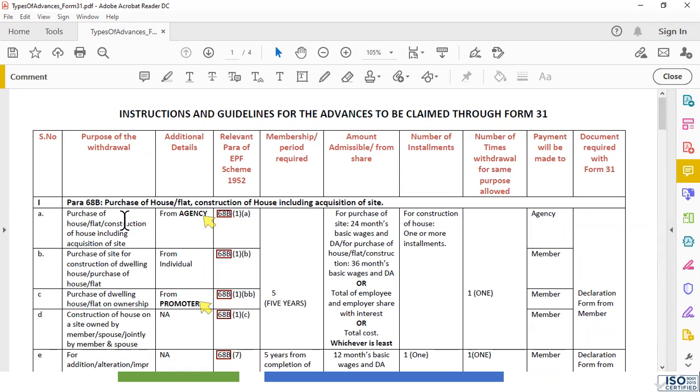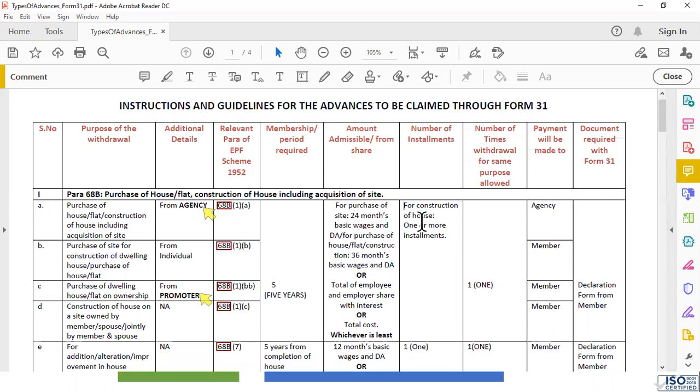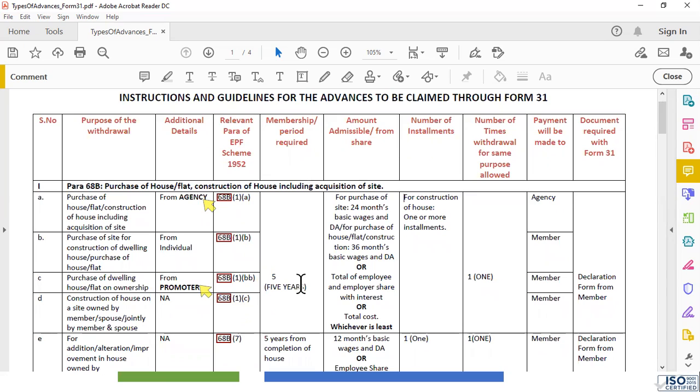You can apply for advance from Provident Fund for the purchase of a house or flat, or construction of a home, including acquisition of a site. For buying a house, flat, constructing your own house, or purchasing land, you can apply for Provident Fund advance. But this is the eligibility criteria.